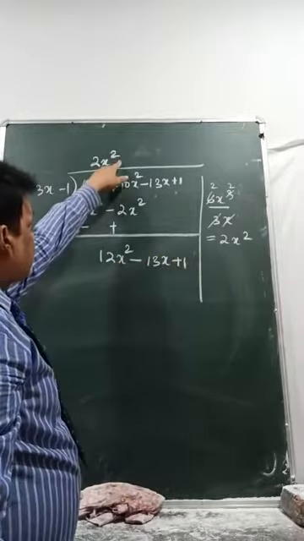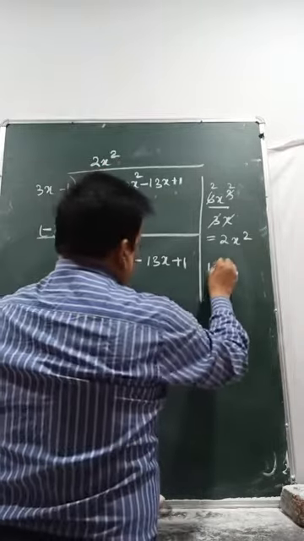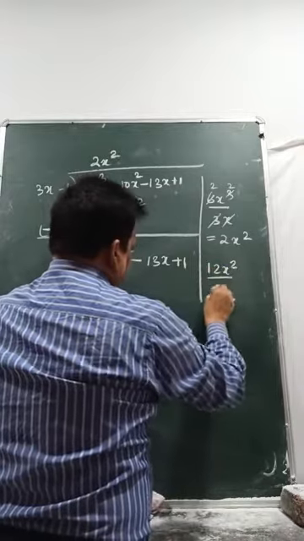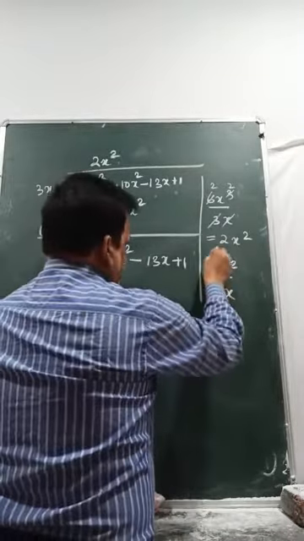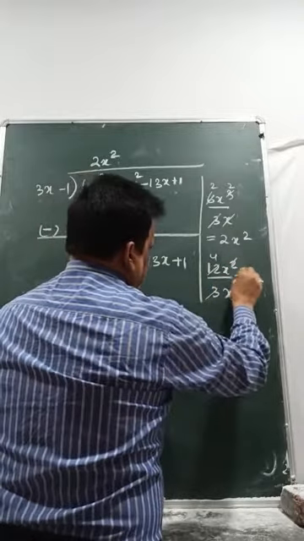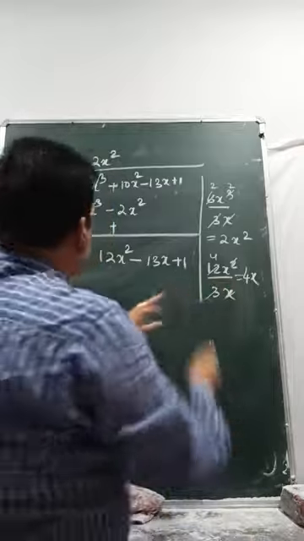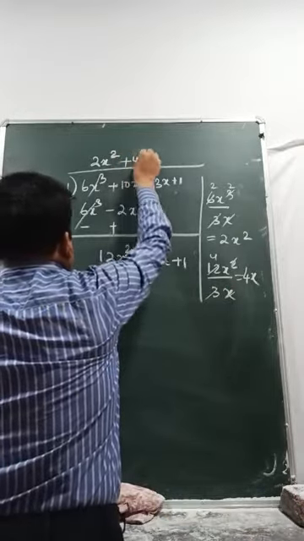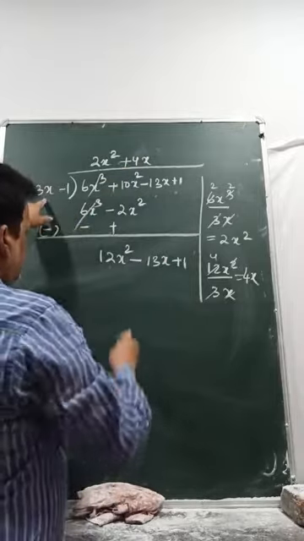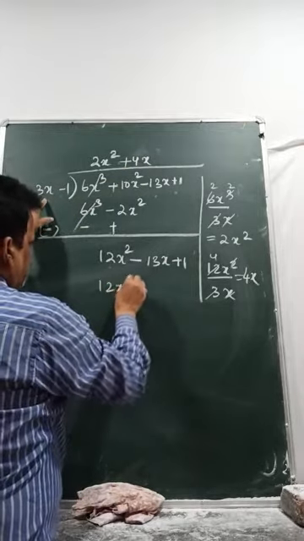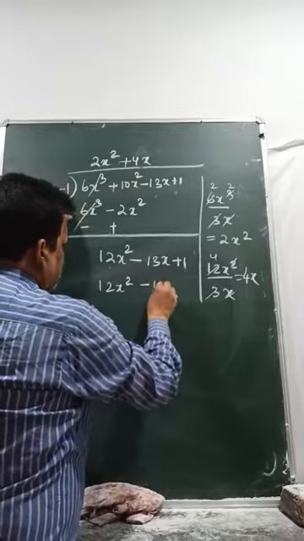Again, to get the term, divide first term by first term: 12x square divided by 3x is 4x. So you put plus 4x here. Plus 4x multiplied by 3x is 12x square, and 4x times minus 1 is minus 4x.